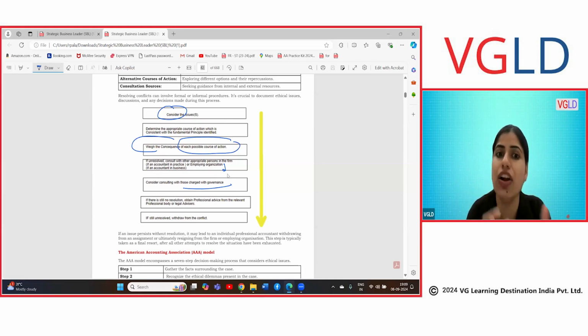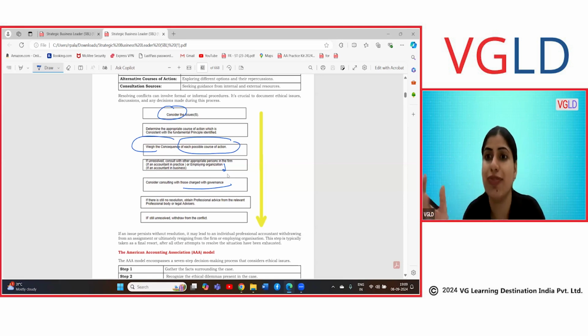So if they are not in a position to give you a resolution, then you can obtain professional advice. Because if you are not doing this, that can harm your professionalism. Being an auditor, you might even need to go to jail, because in our country the regulations are not that fast or strict, we know that.